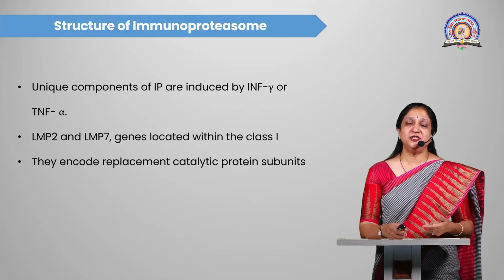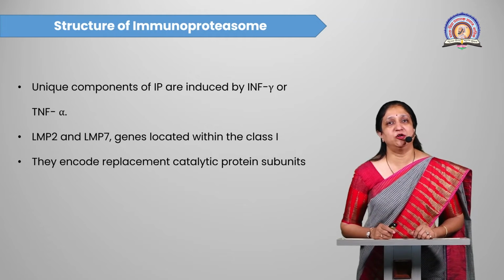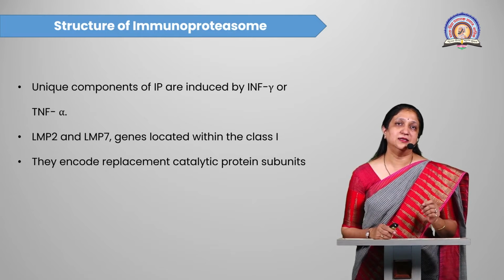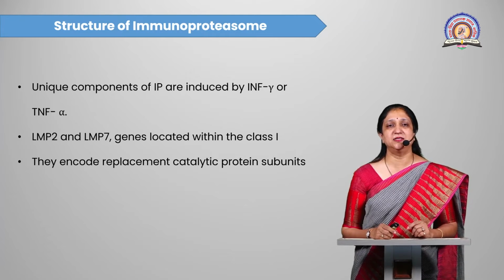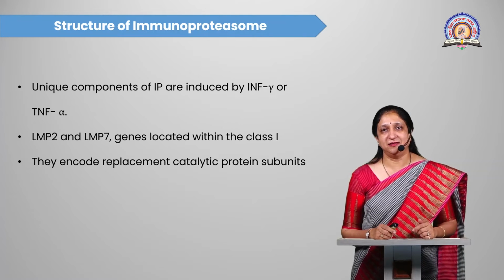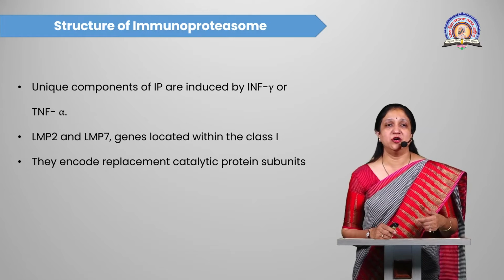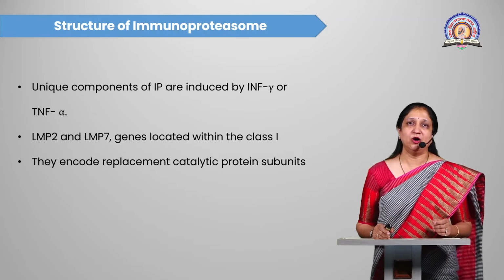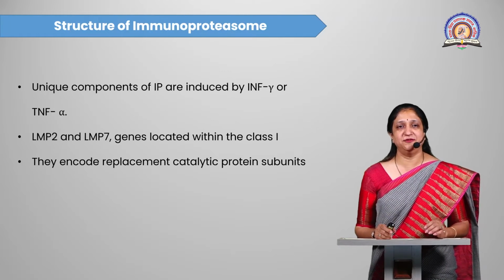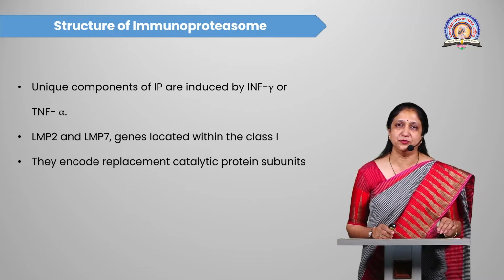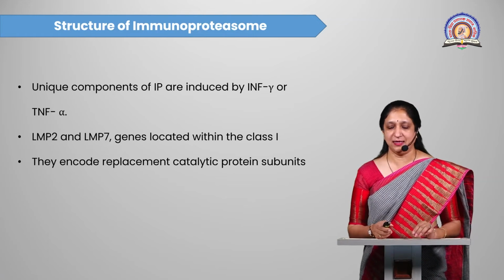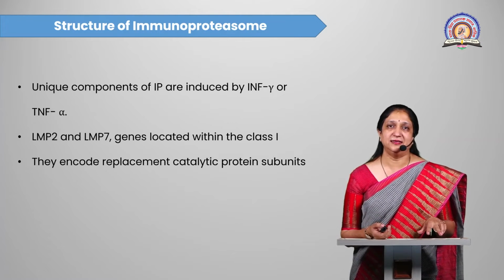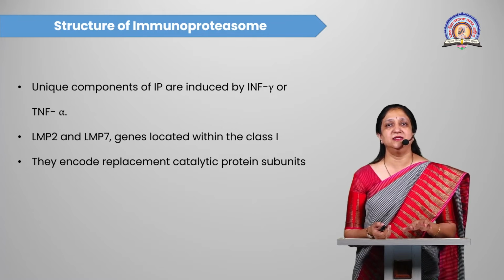In presence of interferon gamma or the tumor necrosis factor alpha, there are certain genes located in the region of class 1 MHC molecule which get activated and they encode for low molecular weight proteins referred to as LMP2 and LMP7. Two different genes get activated which produce LMP2 and LMP7, and these are the catalytic subunits that are present in the immunoproteasome.